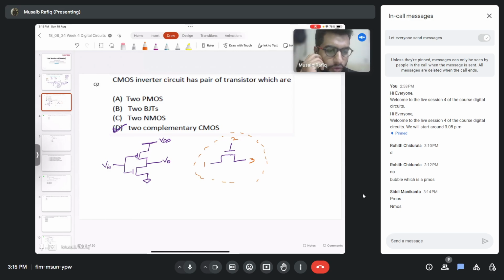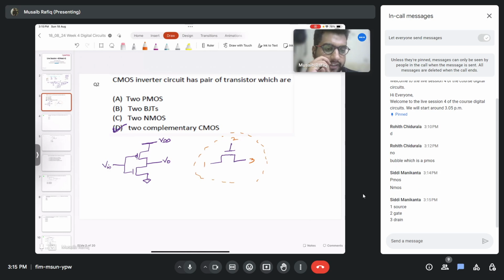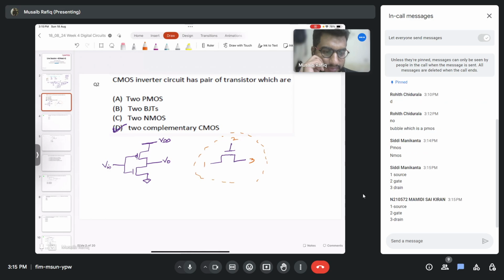You can use your microphones as well if you are not comfortable with the chat box. You can unmute yourself. So what is 1, what is 2, and what is 3? Anyone else?